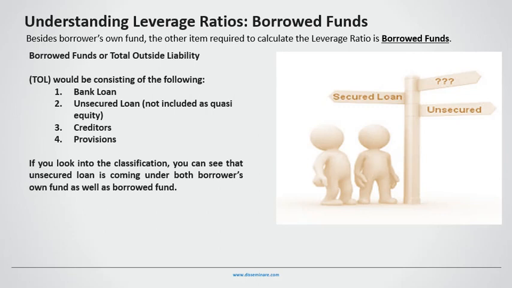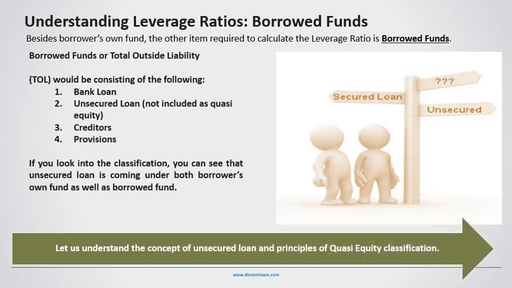Unsecured loan, not included as quasi equity. 3. Creditors. 4. Provisions. If you look into the classification of the various sources of funds, you can see that unsecured loan comes under both borrower's own funds as well as borrowed funds. Let us understand the concept of unsecured loan and principles of quasi-equity classification.